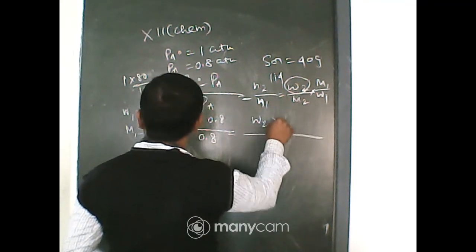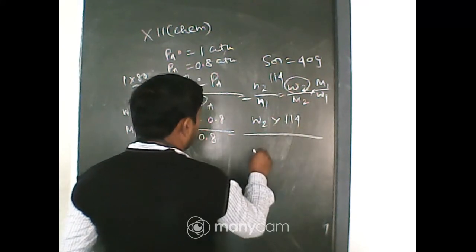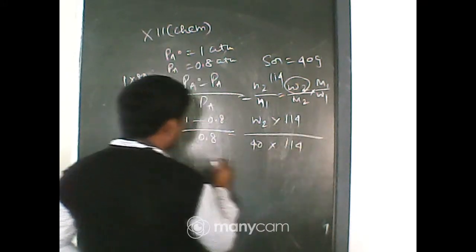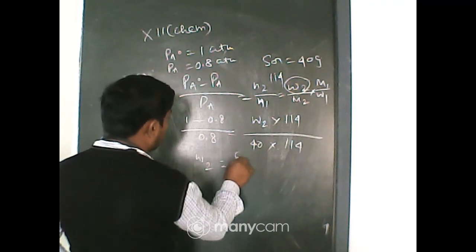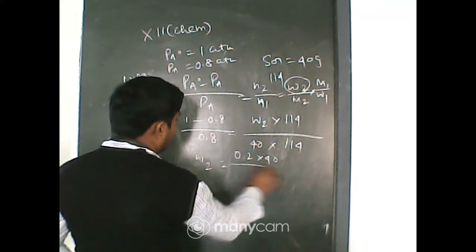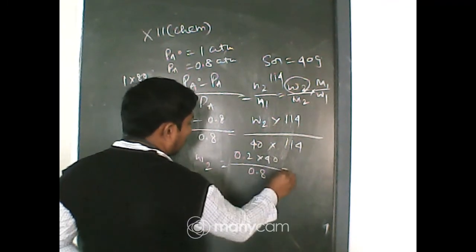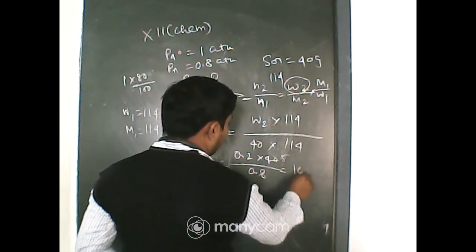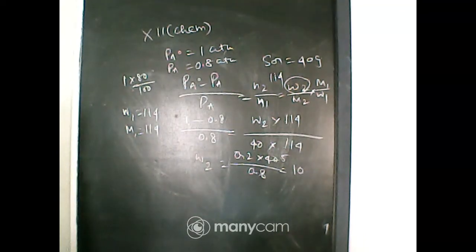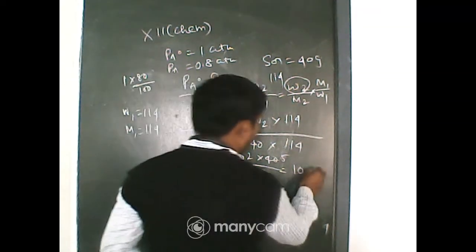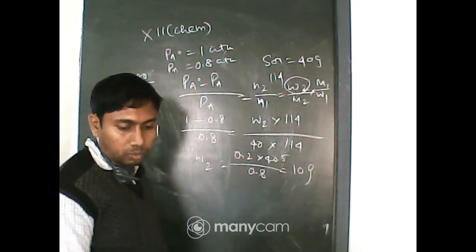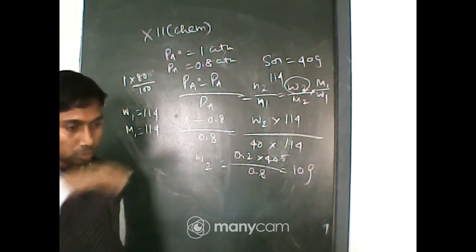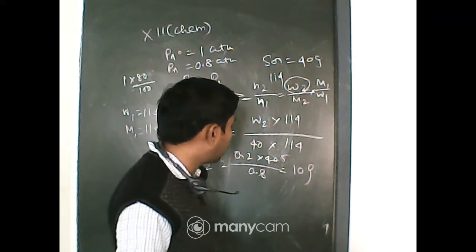So W2 into 114 by 40 into 114, this is crossed. So W2 is equal to 0.2 into 40 by 0.8, which is 10. So W2 equals 10 gram.